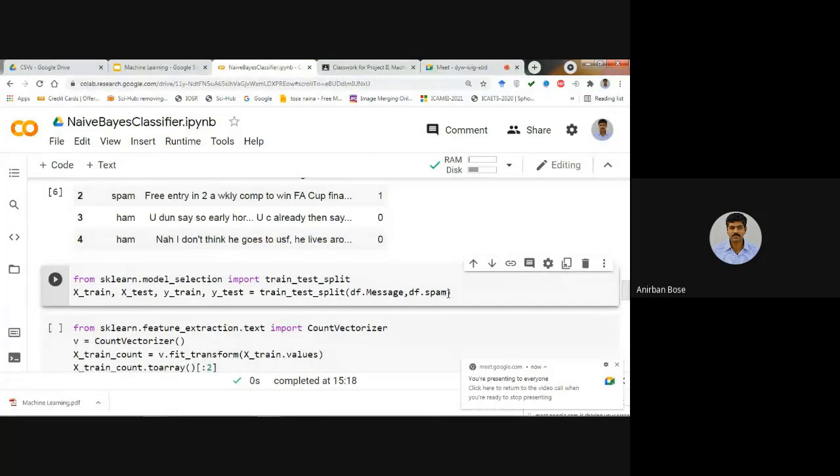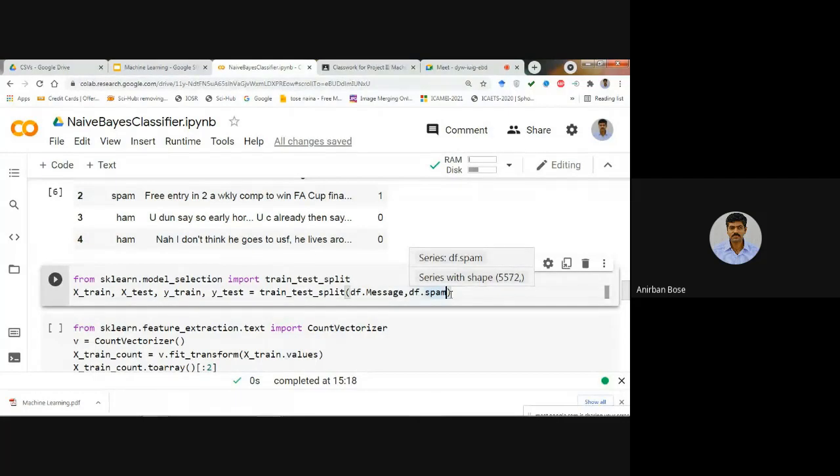Here you can see that we have not given any information regarding what the splitting criteria should be, that means 80/20 or 70/30. We have not mentioned any test size or train size. So it will take the default. The default value is 25% test and 75% training. Okay, so by default it will take that if you don't mention anything.